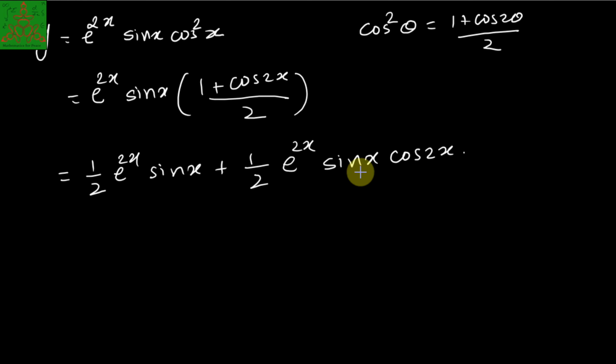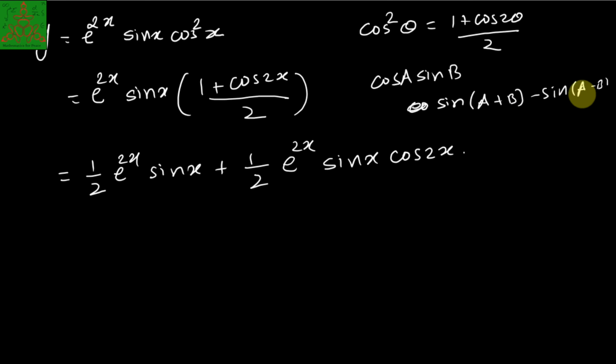So to do this one, we again factor into the form using the formula of cos a into sine b, as we have discussed earlier. That is sine a plus b minus sine a minus b.